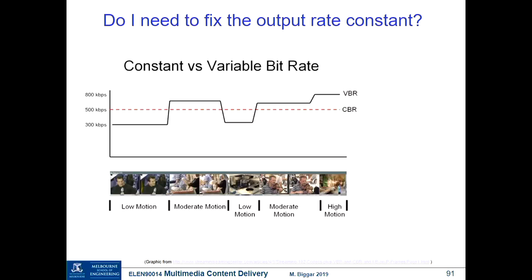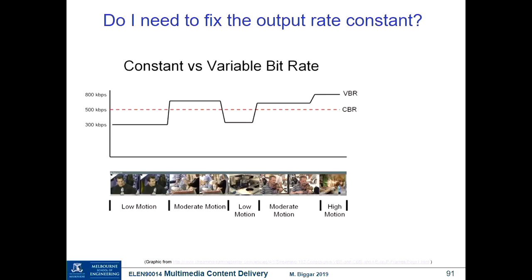One is the variable bitrate case where we have fixed our quantizer, and where there's a low motion part of the video, the bitrate is able to drop, as shown there. But when there's high motion or greater complexity, the bitrate goes up to accommodate it. The alternative case is that we've got this buffer, which ensures that the generated bitrate is constant. That's the CBR dotted line.